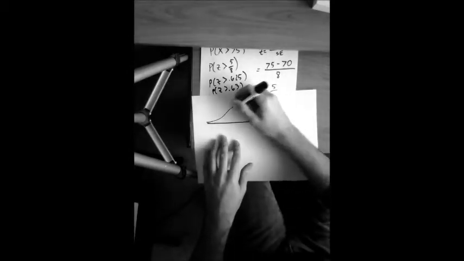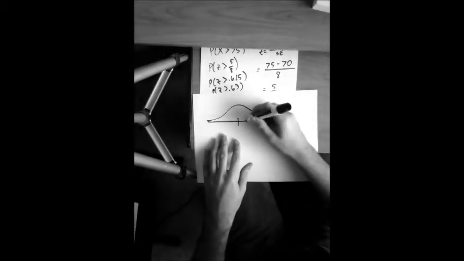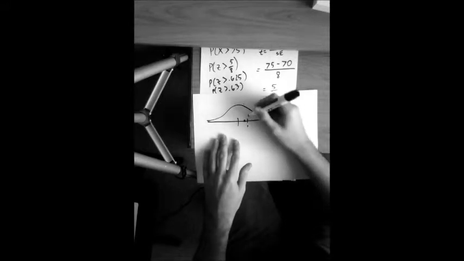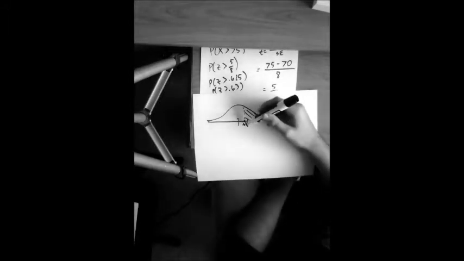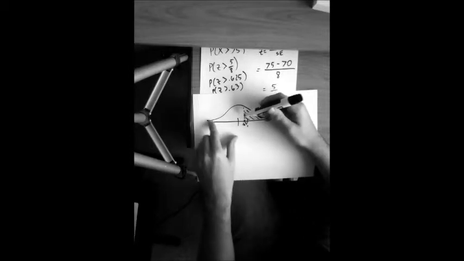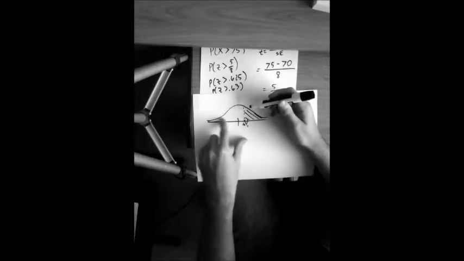And just to give you an idea, we want this thing to be above 0.63. So if you're going to just find 0.63 positive, that would give you this white area, and so you would have to do 1 minus this white area.